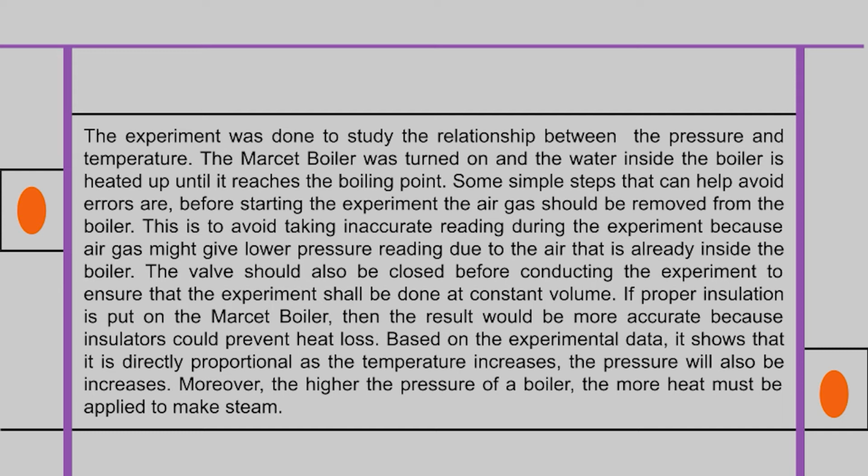If proper insulation is put on the Marcet boiler, then the result would be more accurate because insulation could prevent heat loss. Based on the experiment data, it shows that it is directly proportional: as the temperature increases, the pressure increases.